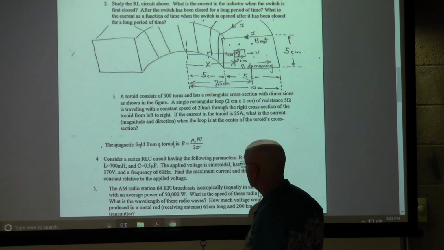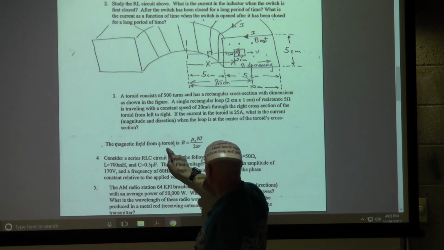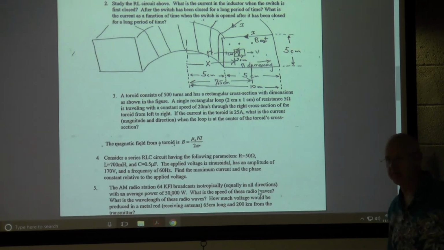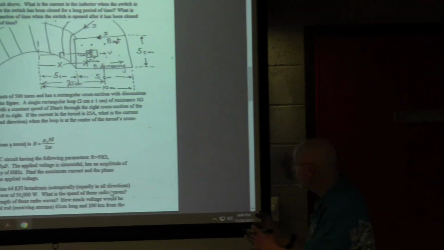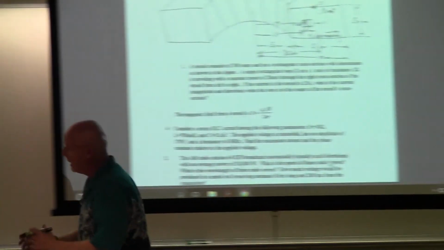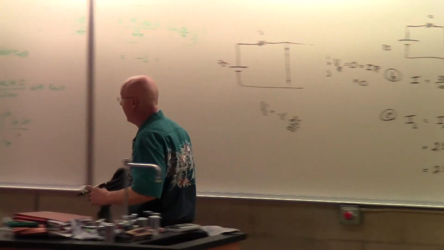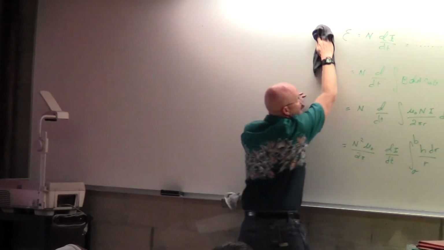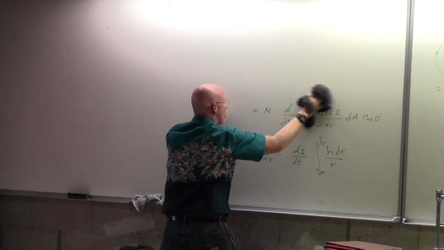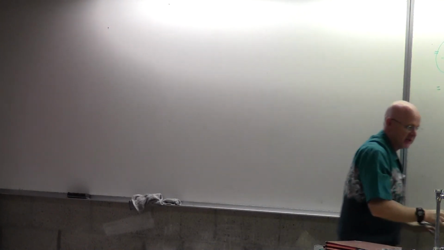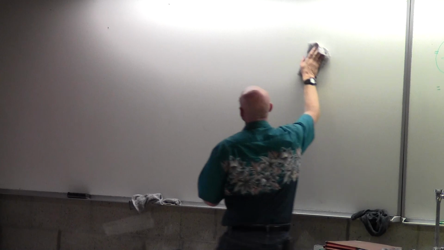Wow. And then the magnetic field from a toroid is, and now we have that again for the third time. All right, so this is the magnetic field, and they've got a much detailed picture there. So I'm going to go ahead and try and draw just the cross-sectional area of it.